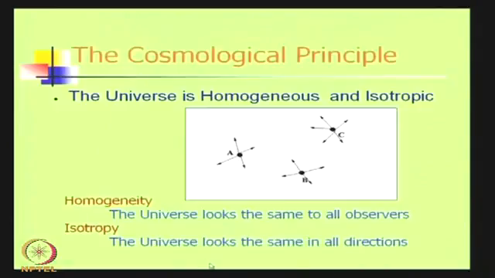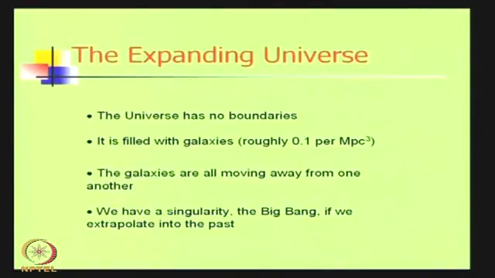If you take Hubble's observation that the galaxies are all moving away from one another, and also the cosmological principle that the universe is homogeneous and isotropic, these two things together lead to a picture where the universe is expanding. So, let us try to understand this picture. How do we have a universe which is consistent with both Hubble's law of expansion and the cosmological principle?